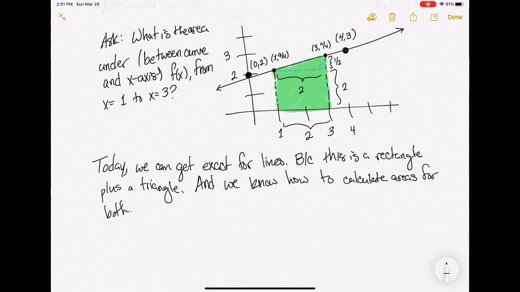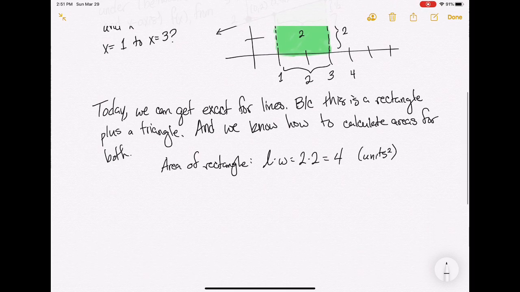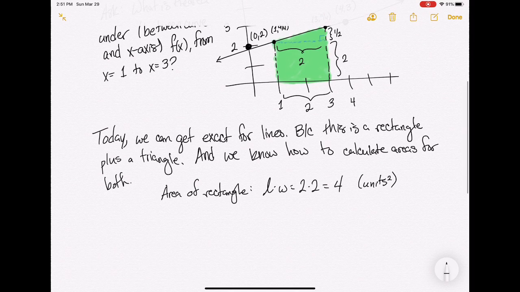We're just going to add the two areas. So area of rectangle is just length times width, L times W, which in our case is 2 times 2. So we get 4. And I'm just going to leave it as 4. Really, this is like just units squared. Or square units, you might have heard.